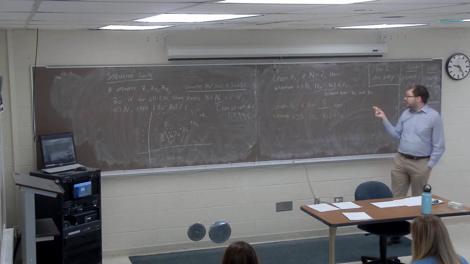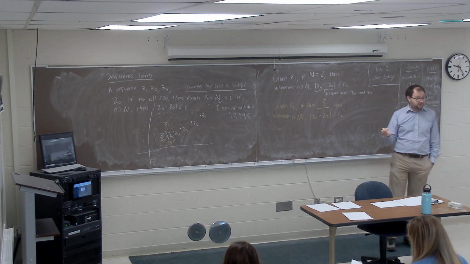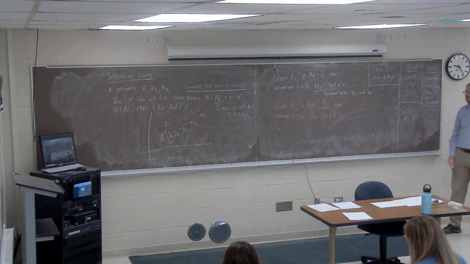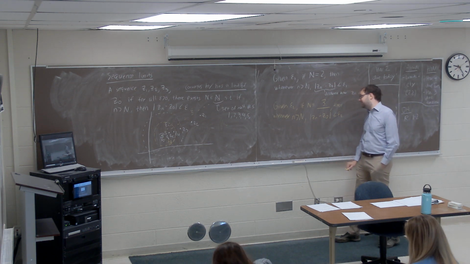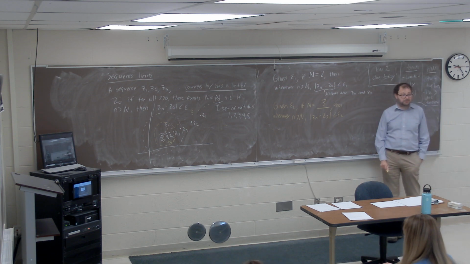So great. Given epsilon 1, we found a big N past which every term in the sequence has distance from z naught less than epsilon 1. Given epsilon 2, we found a big N past which every term has distance from z naught less than epsilon 2.